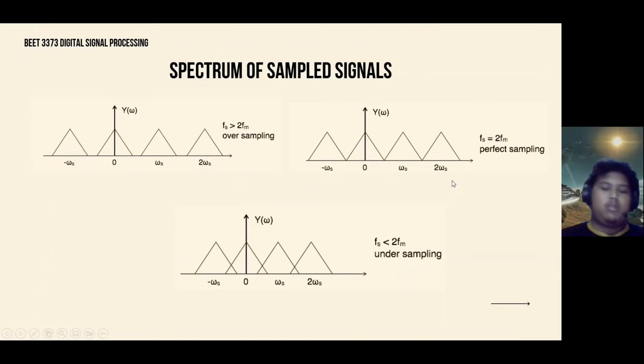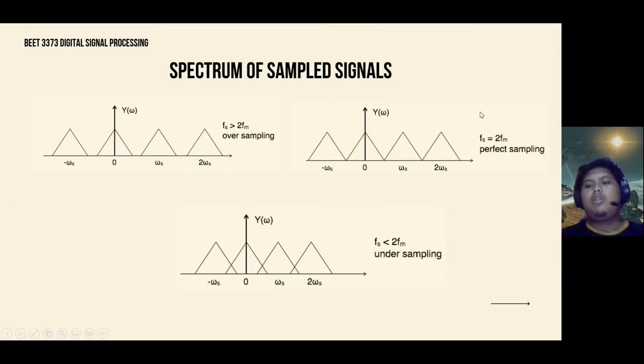I will explain a little bit about the spectrum of the sampled signal. The first one is called oversampling, because the sampling frequency is greater than 2 times the max frequency.